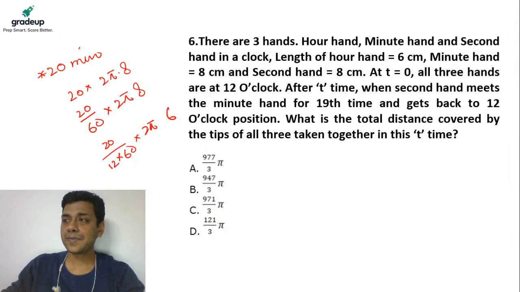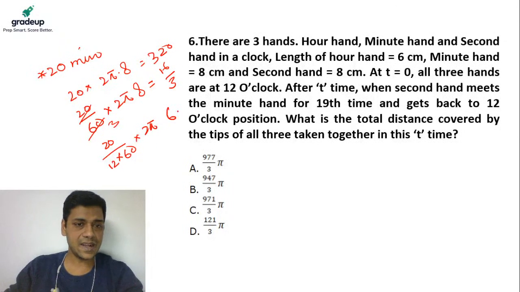So if you take a common of pi, how much will you get? You will get 320. 8 4s are 32, so 320. Herein you will get 16 by 3.